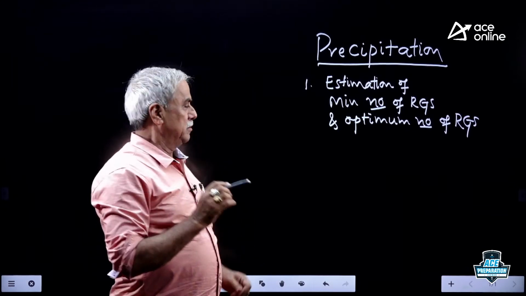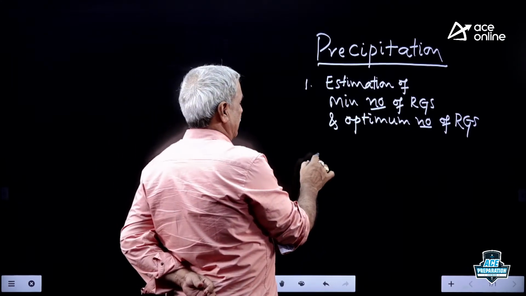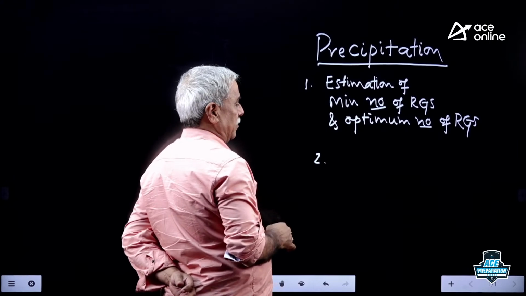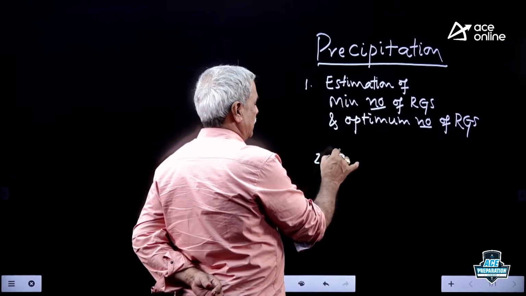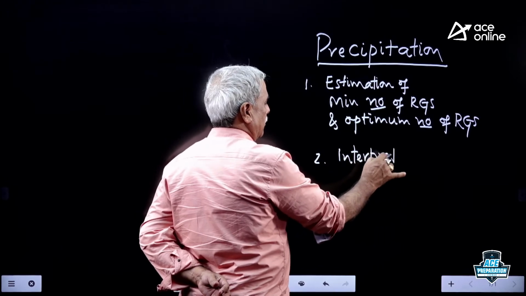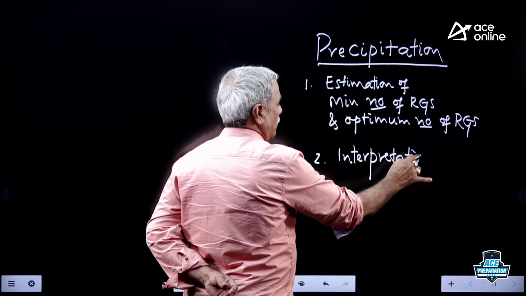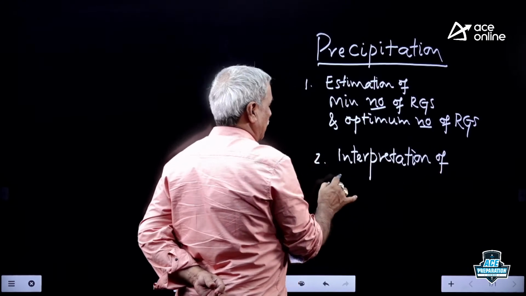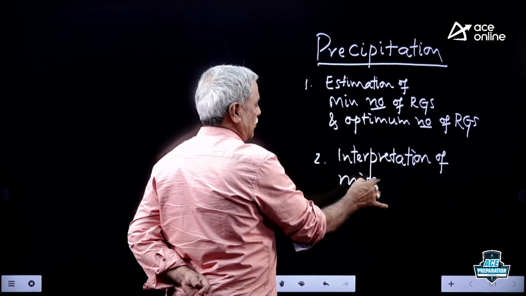Second most important one, he will ask about interpolation of missing rainfall data, which is also important.